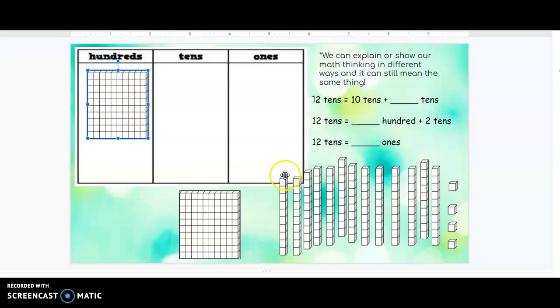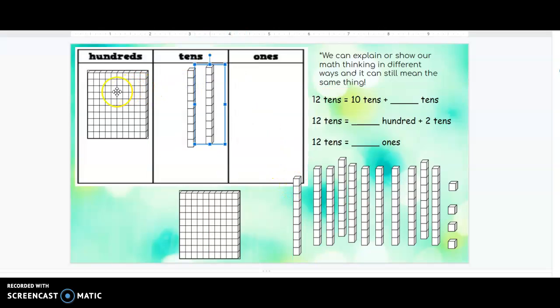So this is 10 tens. So I would have 11, 12. So here's 10 tens, 11, 12. 12 tens. So 100 plus 2 more right here. 100 plus 2 tens is 12 tens. All of these are 12 tens.